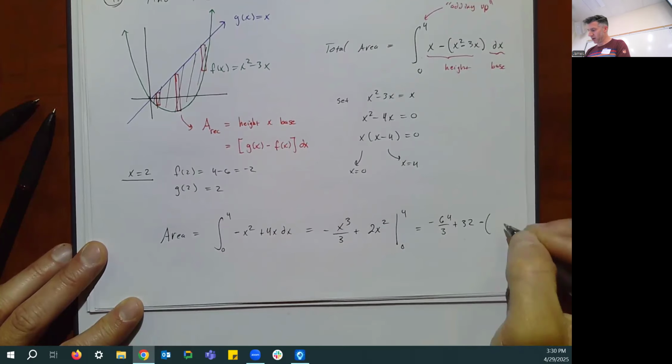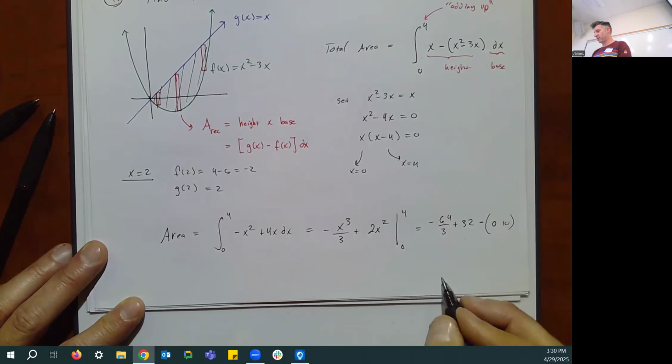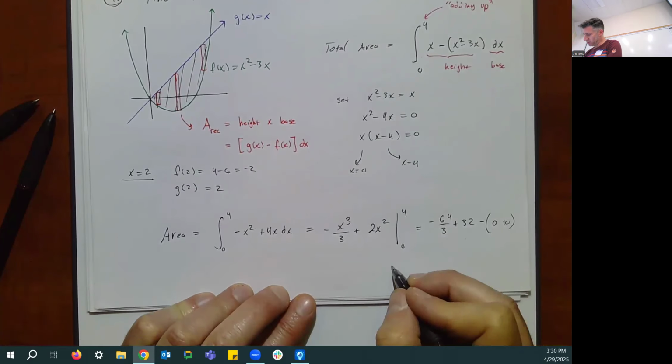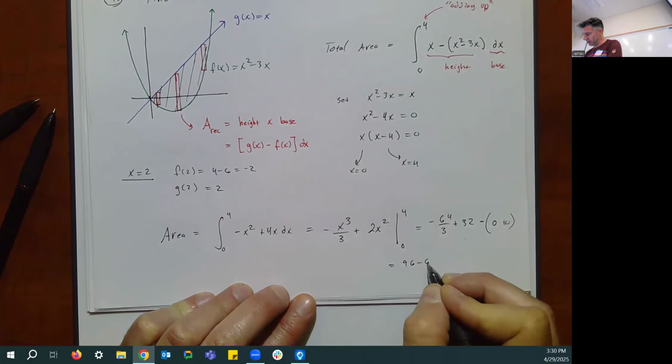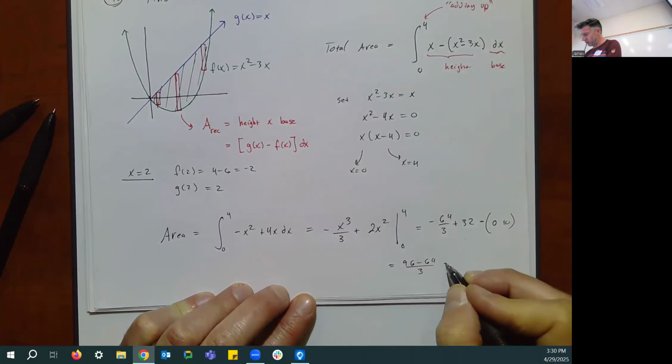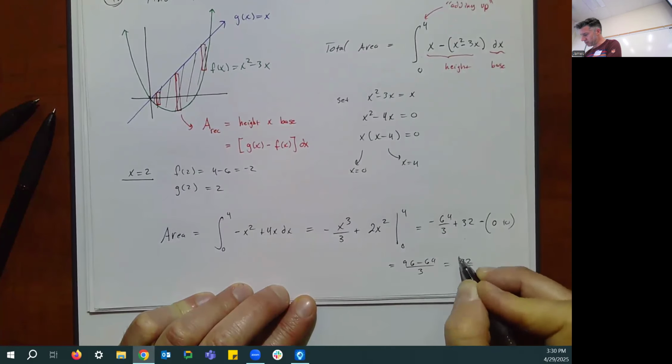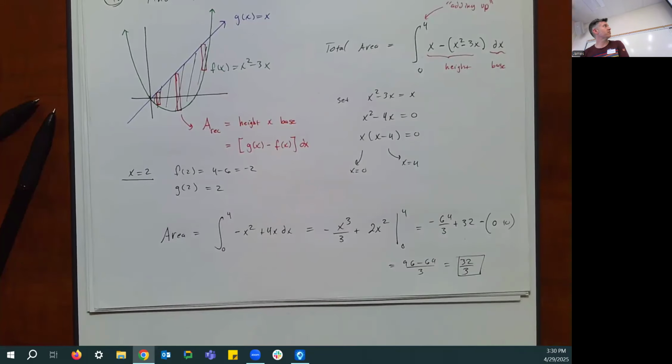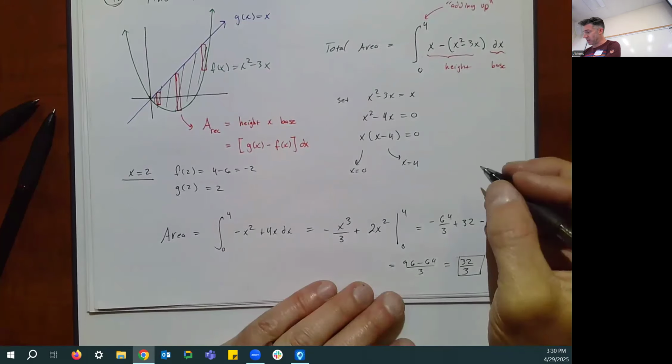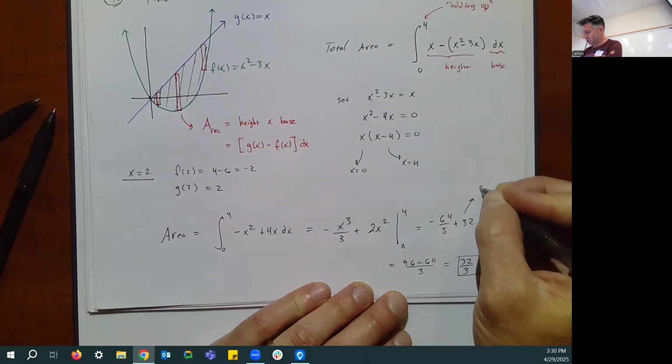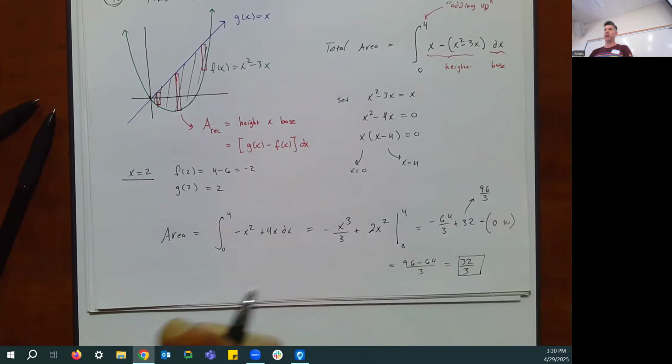Plug in 0, and we get 0 plus 0. So we get 96 minus 64 over 3, which is 32 over 3. So that's how much area is between these two curves: 32 thirds square units. And just in case it wasn't clear what I did there, I said 32 was 96 over 3, and then negative 64 plus 96 is 32 over 3.